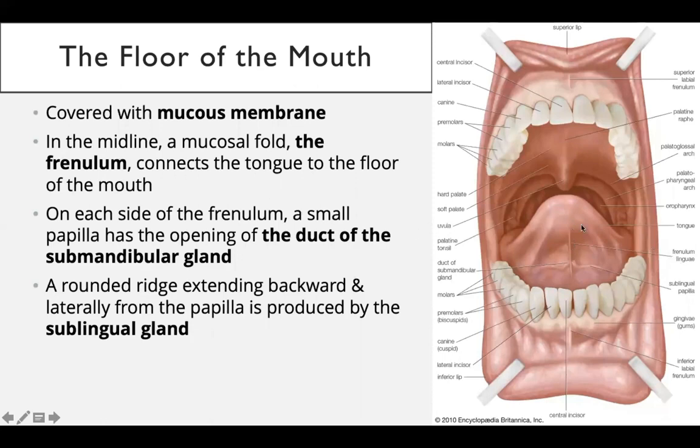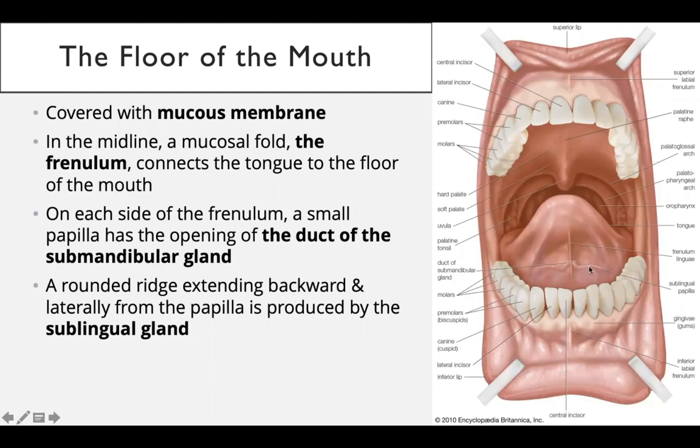And this connects your tongue from the ventral surface to the floor of the mouth, right? On each side of the frenulum, you can see a small papilla, which has the opening of the duct of the submandibular gland. So these openings, as demarcated here, are the ducts of the submandibular gland.